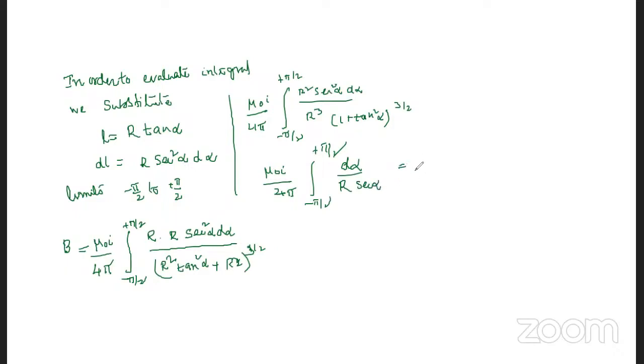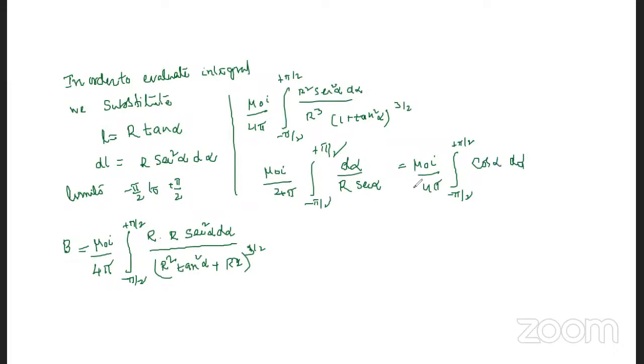So therefore it will be mu naught I by 4 pi integration between the limits minus pi by 2 to plus pi by 2 of 1 by secant, which is cos alpha, d alpha.